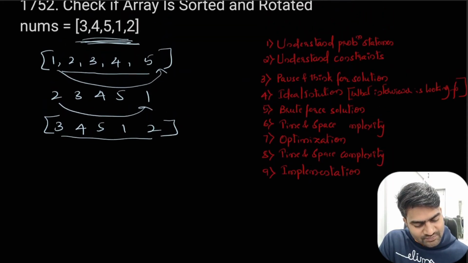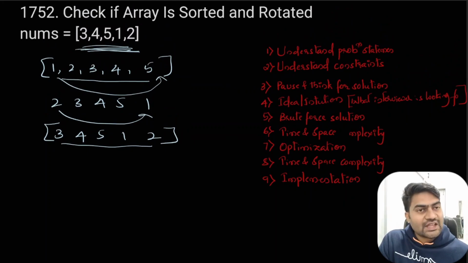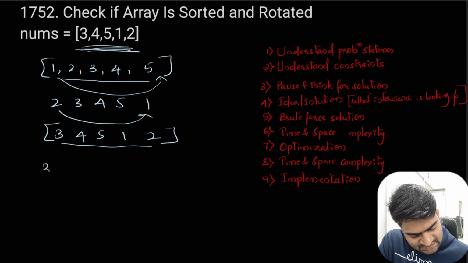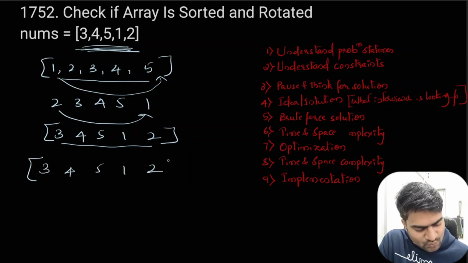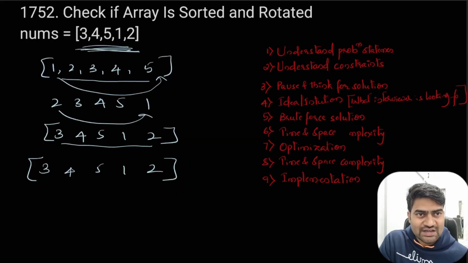So now how to come up with the solution? So if you see numbers, it is 3 4 5 1 2. So what you understood, we have rotated it 2 times, correct, right? So that's what we saw here. Now what we will do, we will keep on rotating it n number of times.